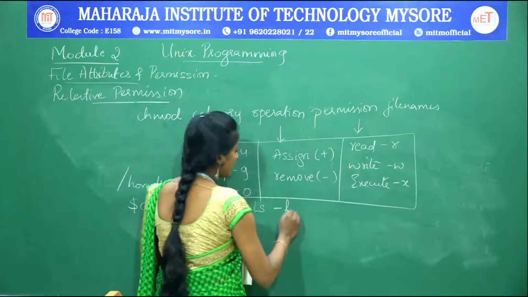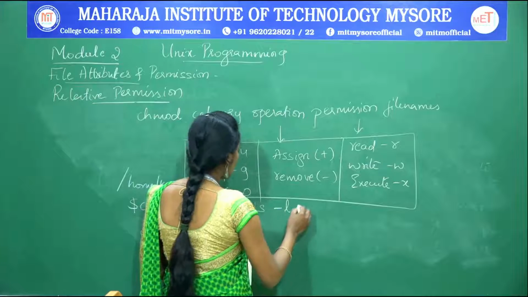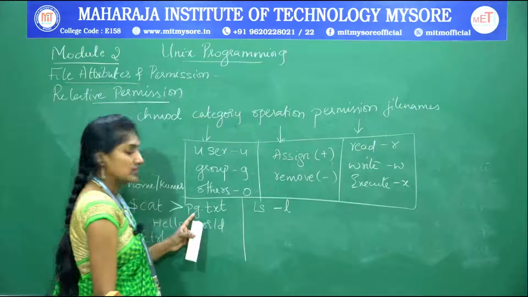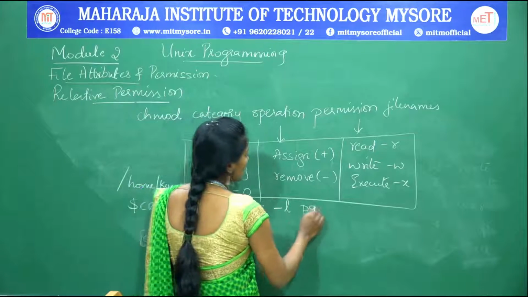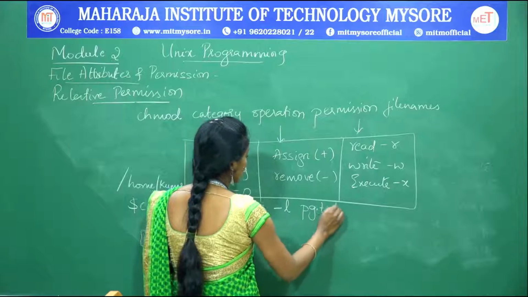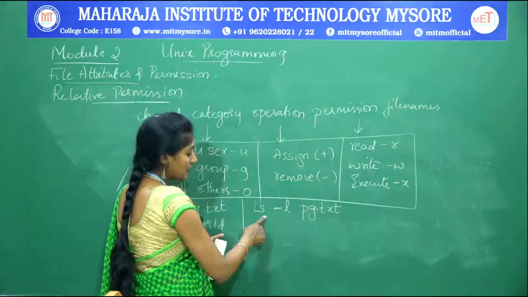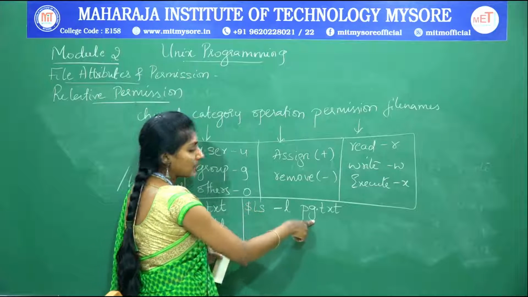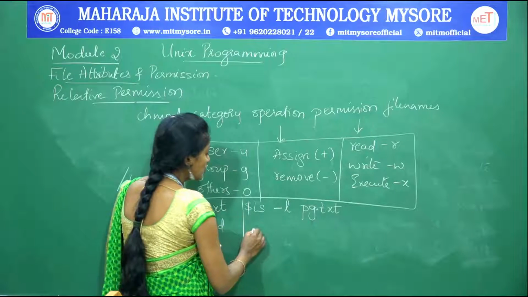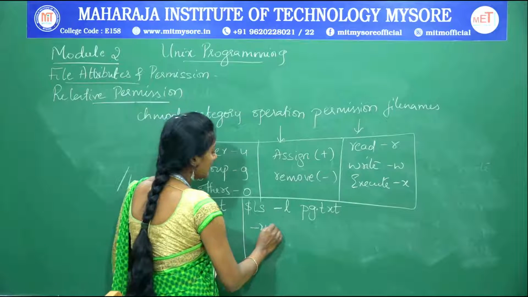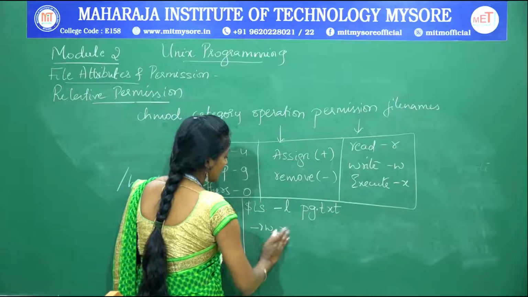So ls -l pg.txt. If I execute this command, it is going to list out all the permissions like this.